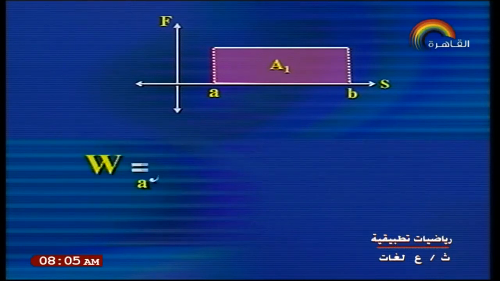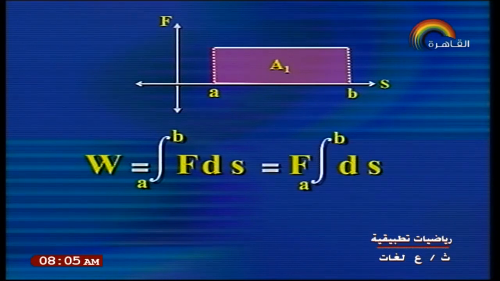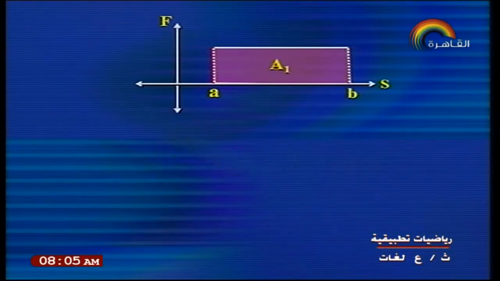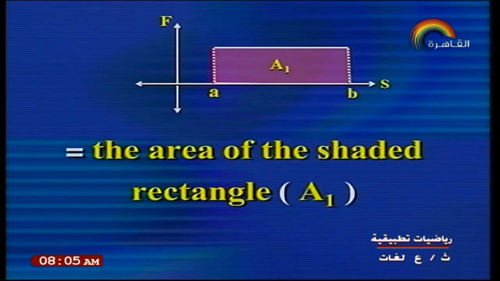Then the work done from A to B is the integration from A to B of F ds, which equals F multiplied by the integration from A to B of ds, because F is constant. This equals F multiplied by the bracket B minus A. It also equals the area of the shaded rectangle. The area of a rectangle, you know, is length times width.